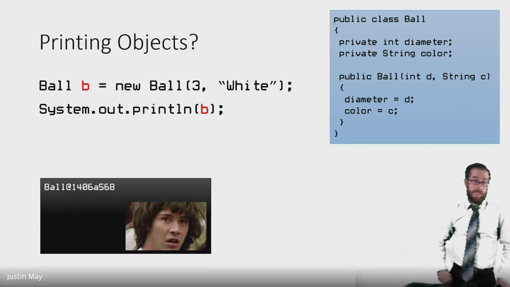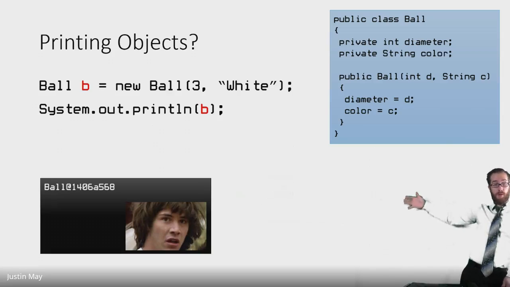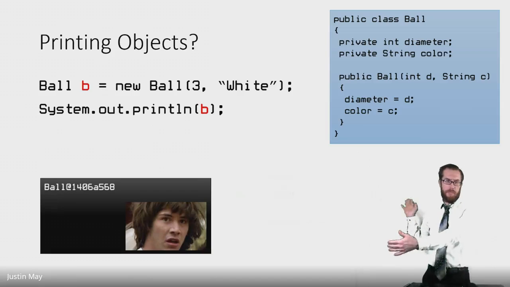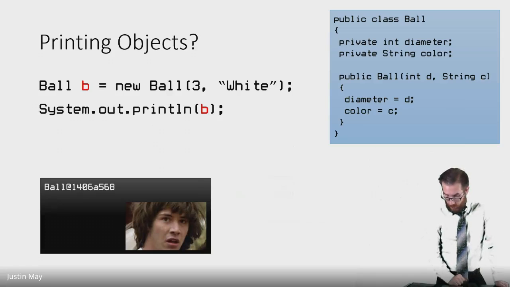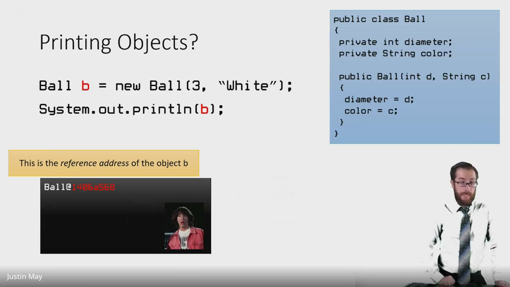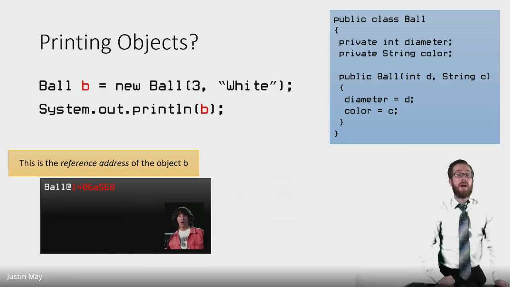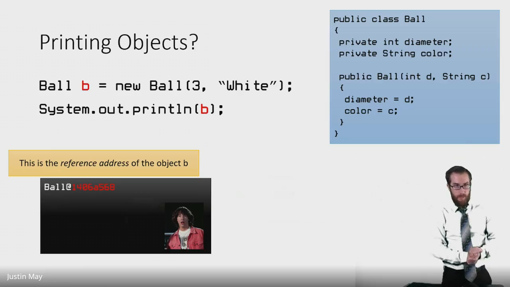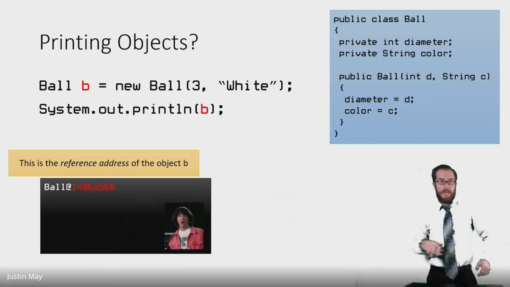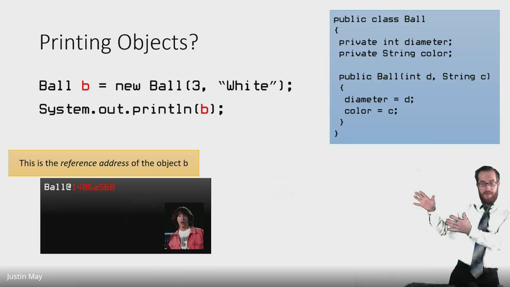Something like this. It's going to say Ball at some numbers and letters. So that's weird. What are those numbers and letters? The numbers and letters are the reference address of the object b. So remember we talked about references. When I say new Ball, it's creating an object, and that object goes in your memory.